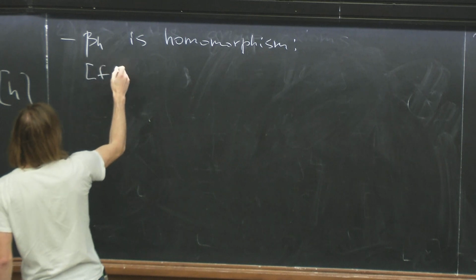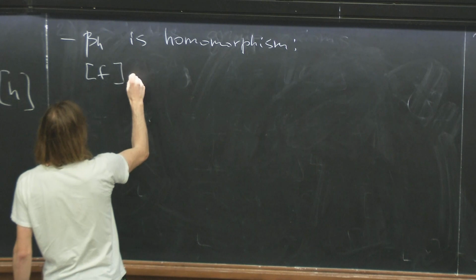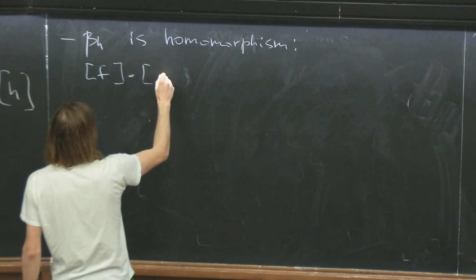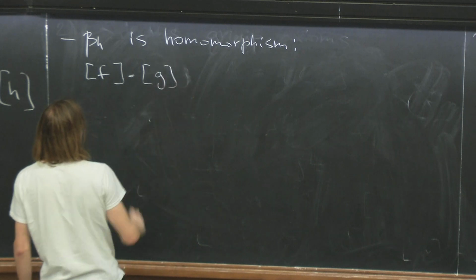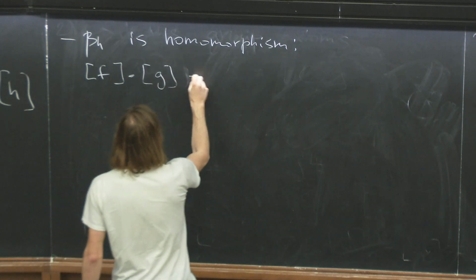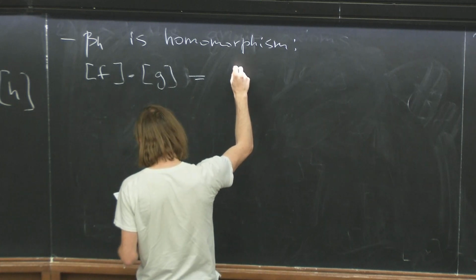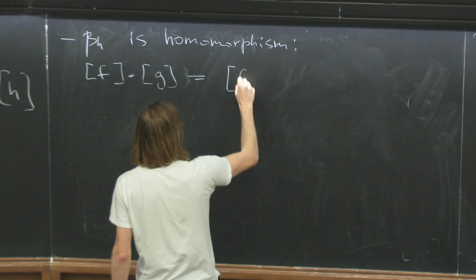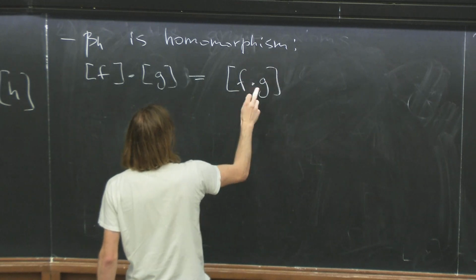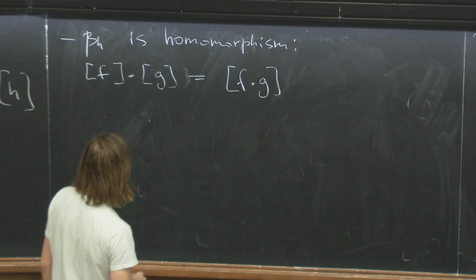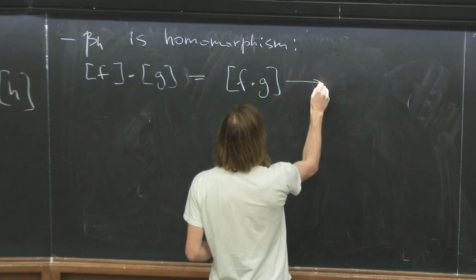Okay, so in order to do this, we consider a pair of elements of the group, and we know that their product is given by the class of f composed with g.